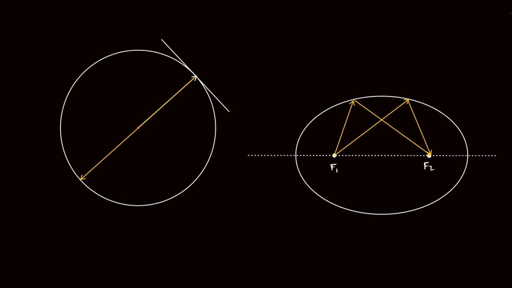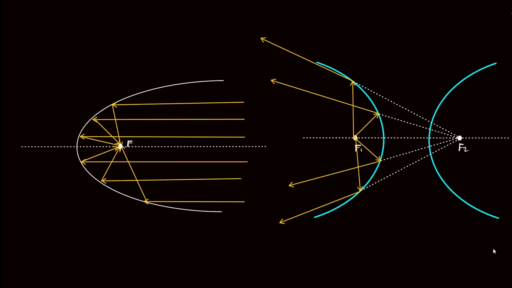Now let's see the property of a parabola. In a parabola, light rays coming parallel to the axis of the parabola will merge into the focus of the parabola. I think you have studied this property in your classes.